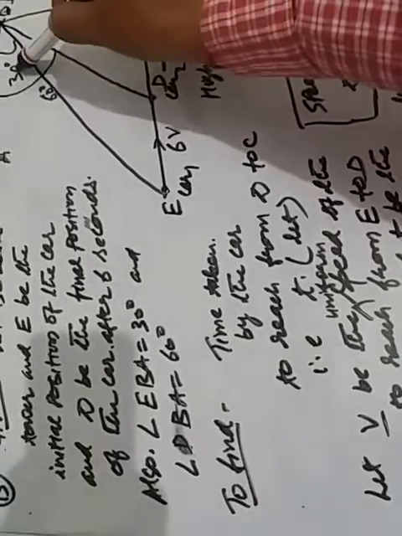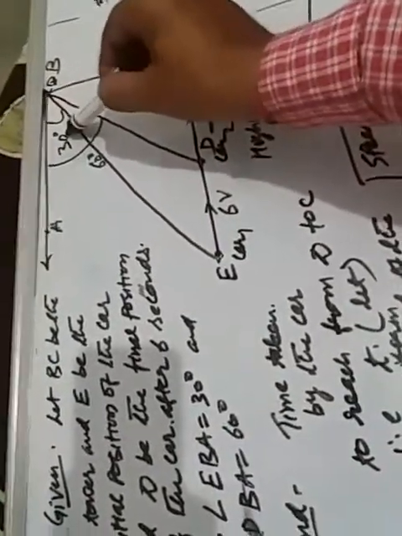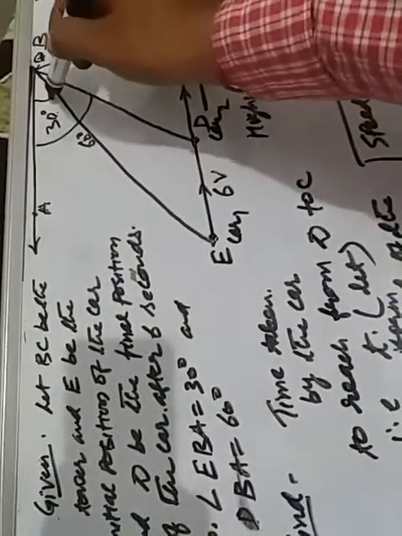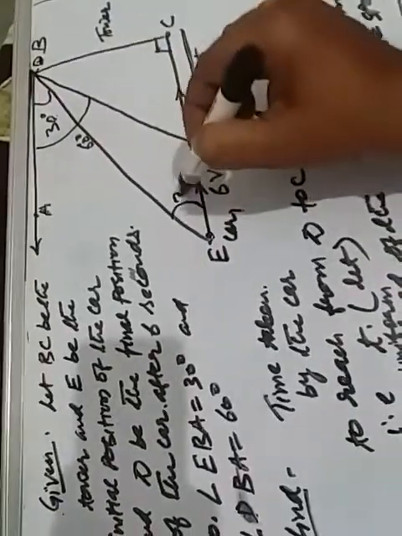Since this is 30 degree, children, this angle will also be 30 degree, by alternate interior angle, clear? And this angle is 60 degree, so this angle will be 60 degree, right children? So here we can define it also, clear? In triangle BCD, angle C equal to 90 degree.